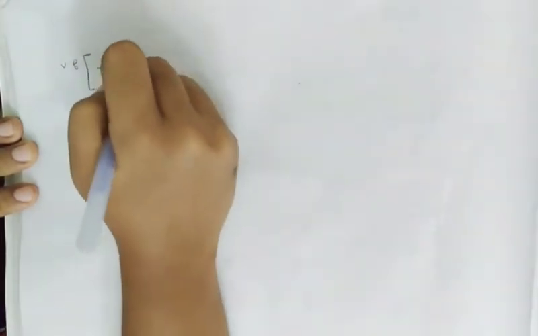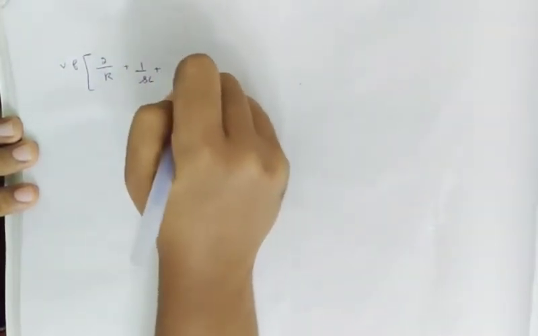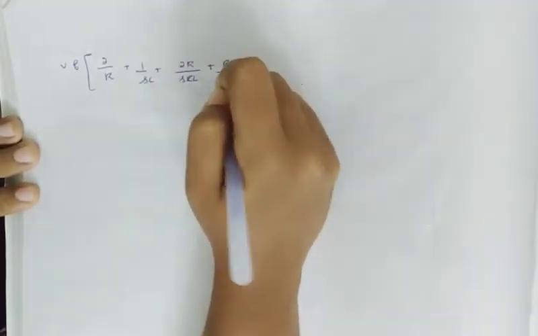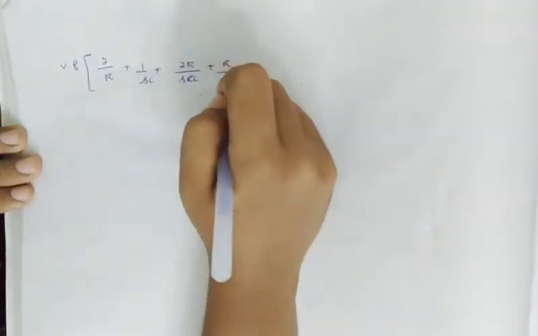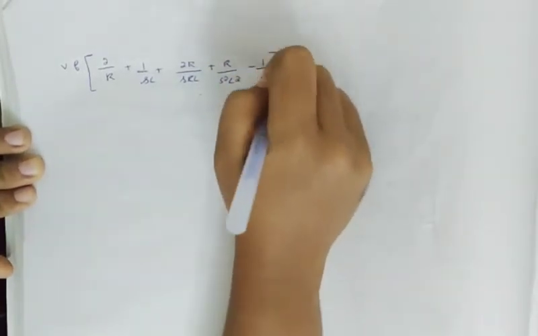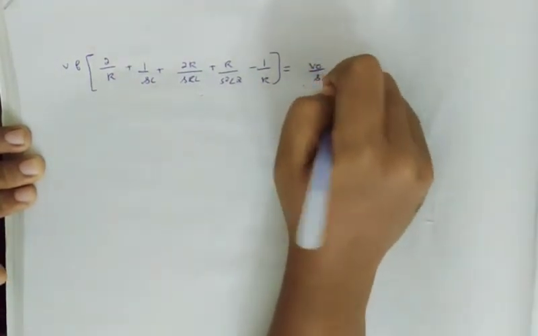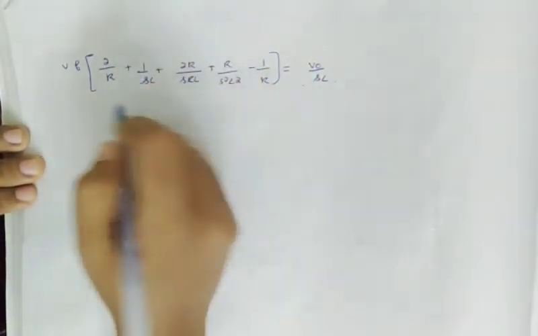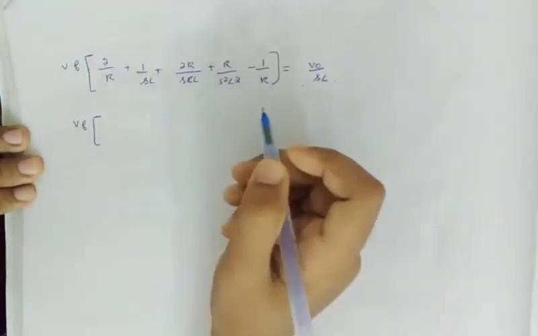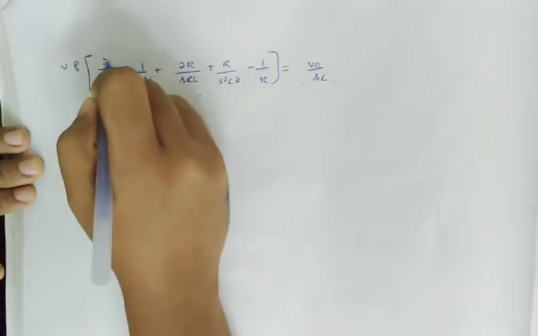We will get Vf into 2 divided by R plus 1 divided by SL plus 2R divided by SRL plus R divided by S square L square minus 1 by R equal to V0 divided by SL. Okay. I'll take the LCM.